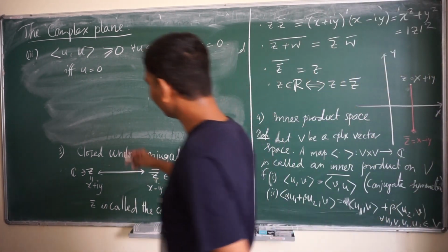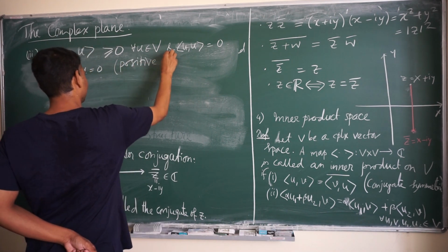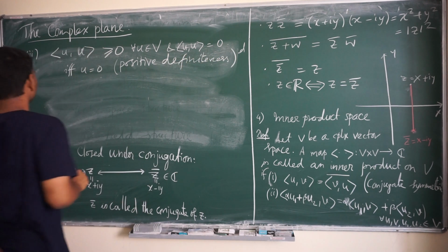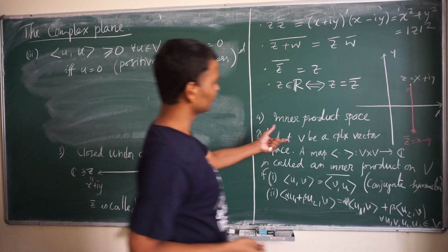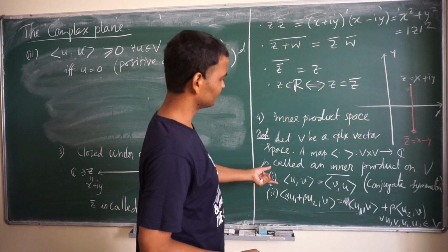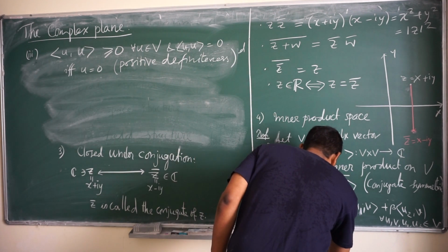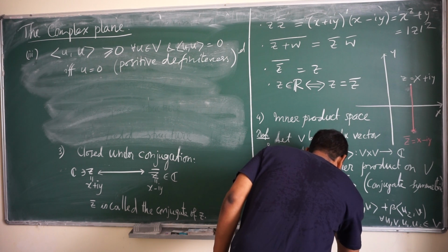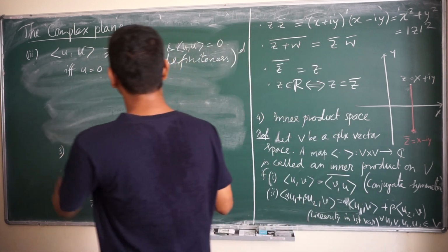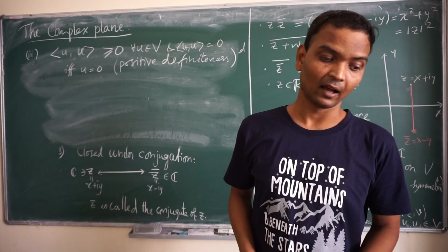This is called positive definiteness. So if V is a complex vector space and the map satisfies these three properties, conjugate symmetry, linearity in the first variable, and positive definiteness, then we say this map is an inner product.